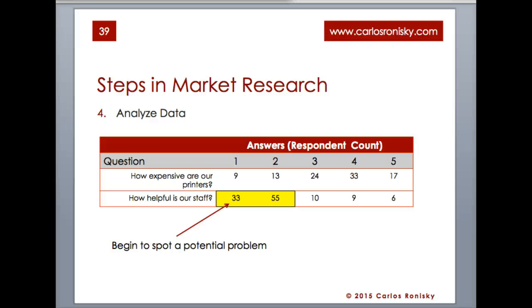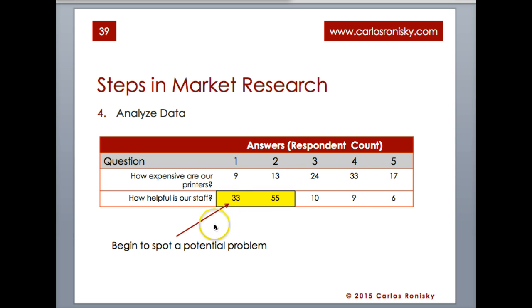If you recall from our prior slide where we were asking about printer selection and how helpful the staff on the sales floor was, recall that we asked that question on a 5-point scale. Had we asked it in a yes or no fashion, we may not have gotten the rich picture that we are seeing here.